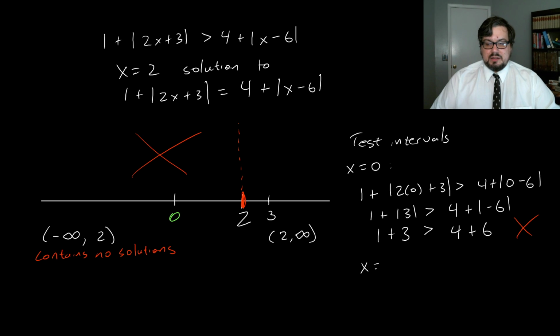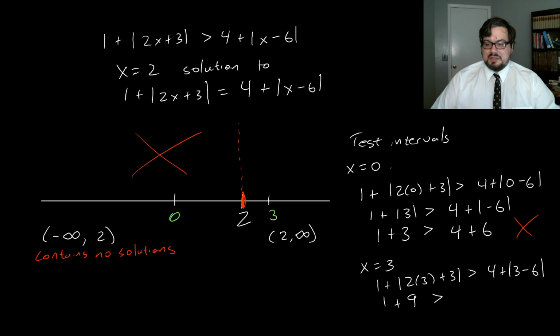So let's check x equals 3. If we plug x equals 3 in, we get 1 plus the absolute value of 2 times 3 plus 3 is greater than 4 plus the absolute value of 3 minus 6. So this gives 1 plus, now 2 times 3 is 6, plus 3 is 9.